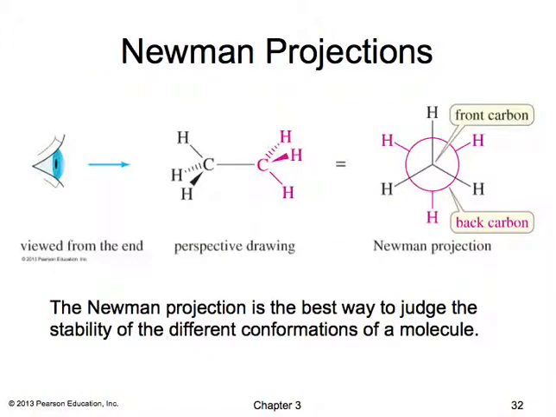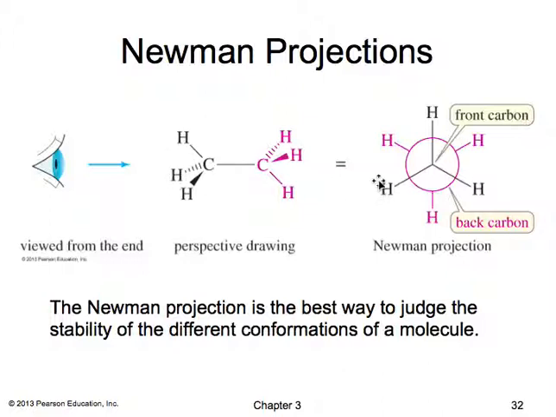One way to look at molecules in which you have rotation around the carbon-carbon bond is through Newman projection. With Newman projections, you take your eye and you're looking at ethane, looking at the central carbon.